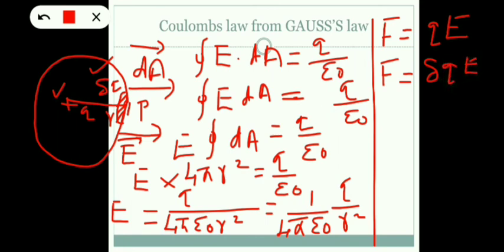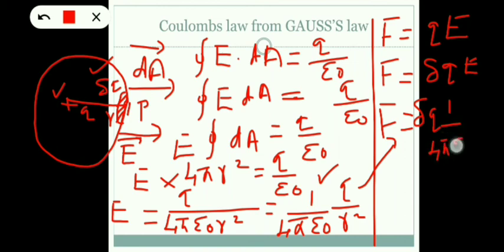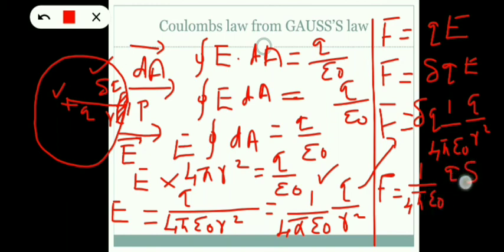And we have already got the expression for electric field intensity. What is this? 1 by 4 pi epsilon naught into Q by r square. So just substitute that expression here. So you will get force is equal to delta Q into, what is E? For E you need to substitute this expression, 1 by 4 pi epsilon naught into Q by r square. And just rewrite this expression like this, equal to 1 by 4 pi epsilon naught Q into delta Q by r square.